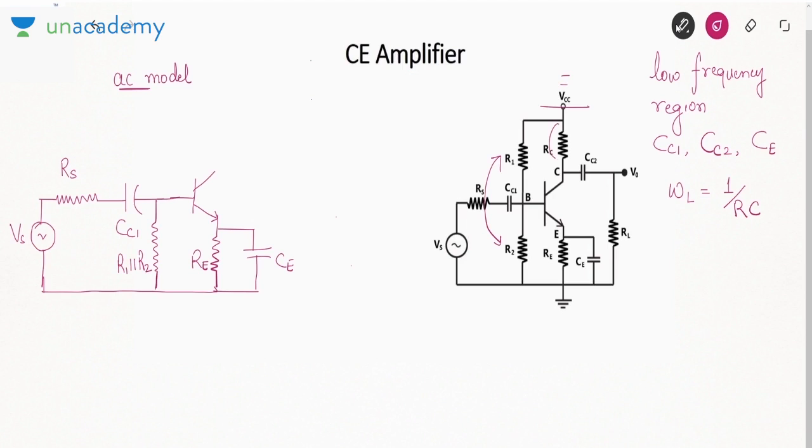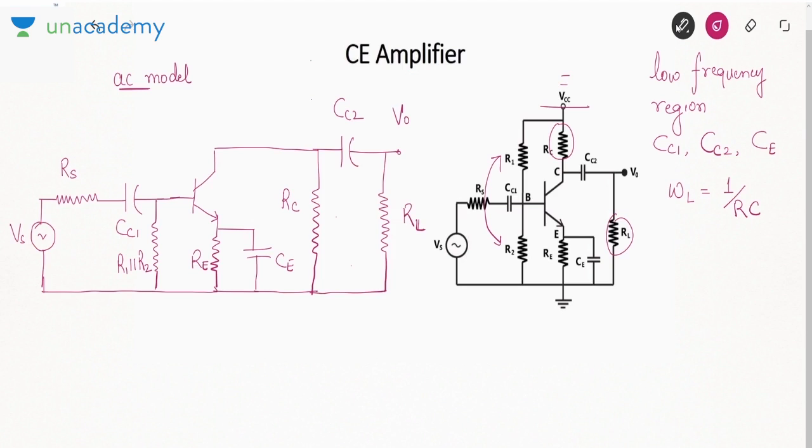Similarly, this collector resistance will be connected between collector and ground, because VCC is now grounded. Then this CC2 is between collector and V0, and V0 is now connected to RL. Okay, like this.